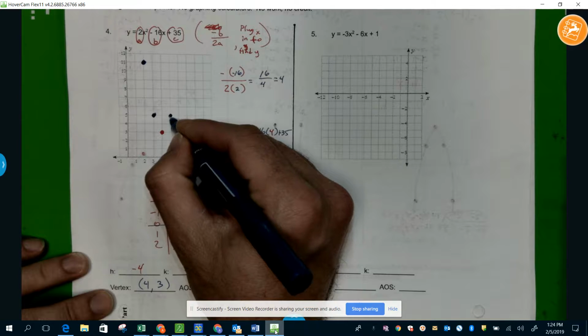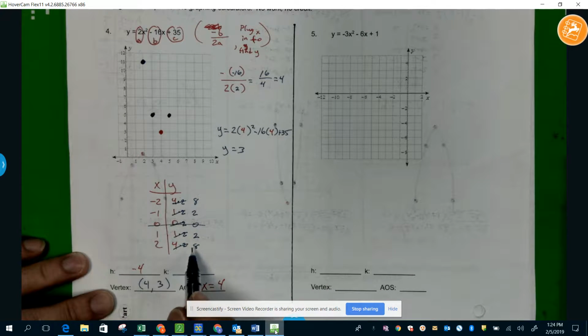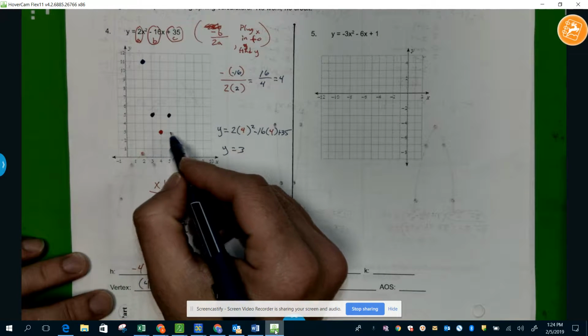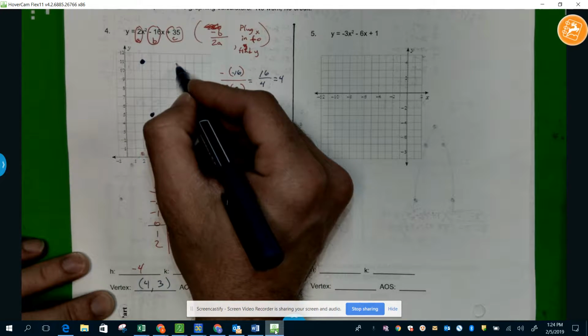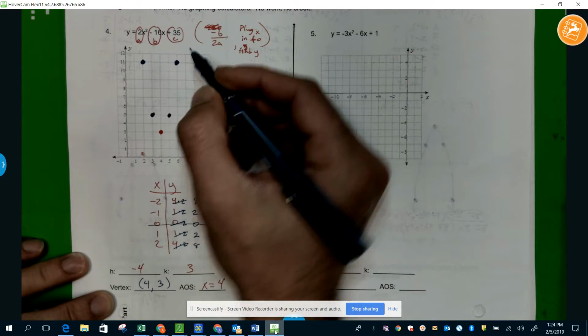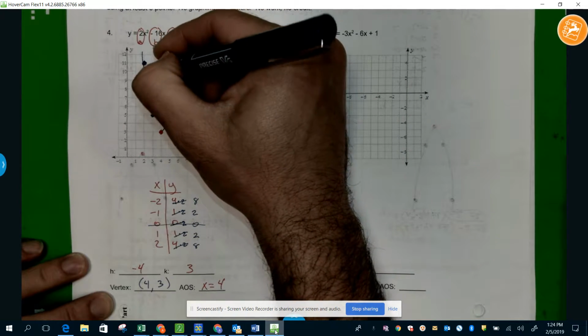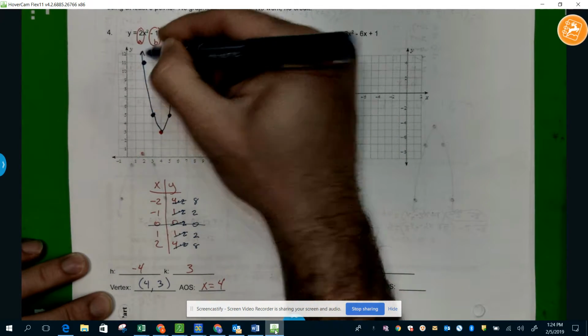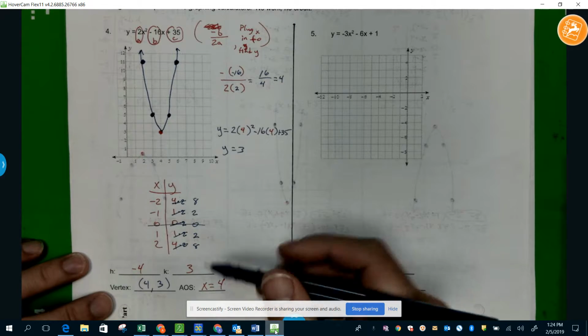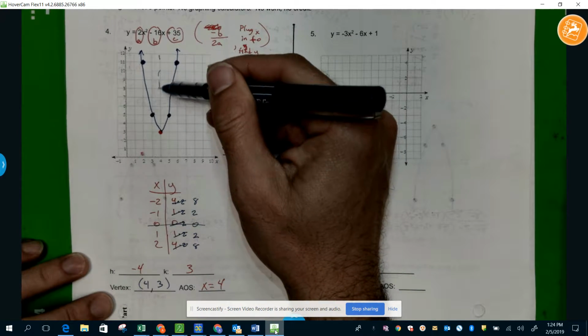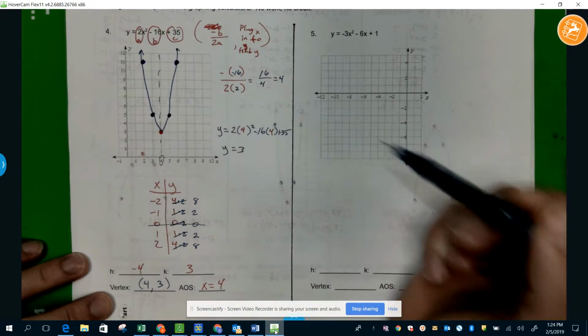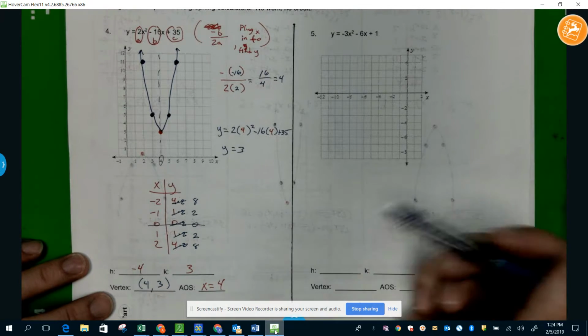And then right 2, up 8, which should land on the same line as the previous coordinate. They are mirror images of each other. And our axis of symmetry, if we were going to cut that parabola in half, would go right through that positive 4 on the x-axis. x equals 4.